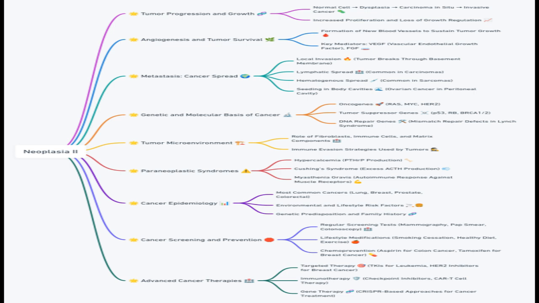Alright, so let's brainstorm more and ask questions about anaplastic carcinoma. So what is anaplastic carcinoma? From what I said, it's a poorly differentiated, highly aggressive cancer that lacks features of its original tissue type, and it often grows and spreads rapidly. So why is it called anaplastic?